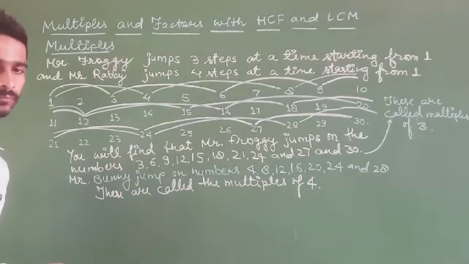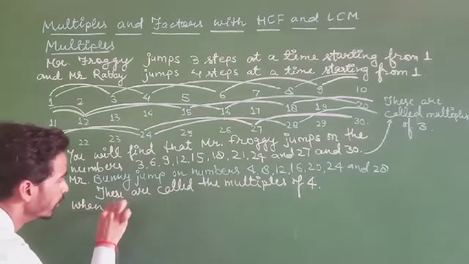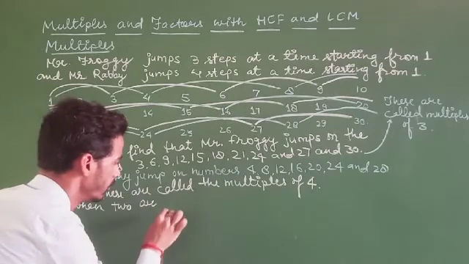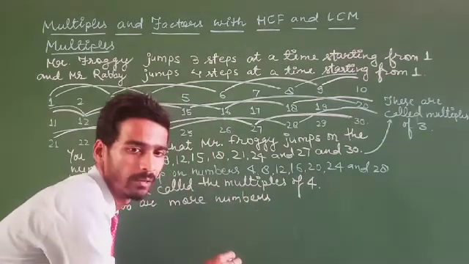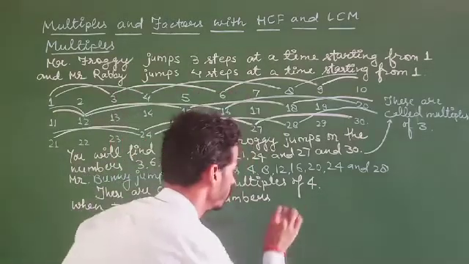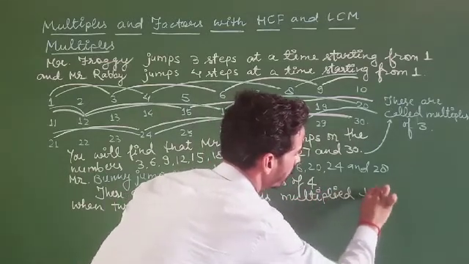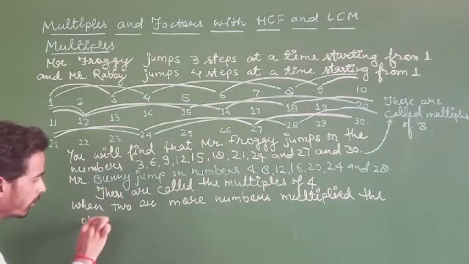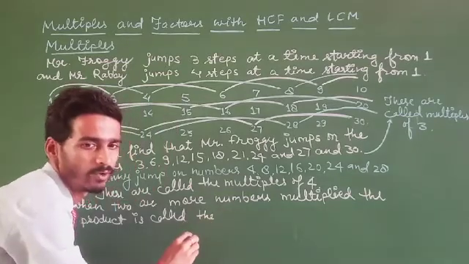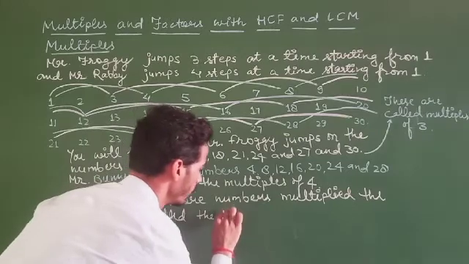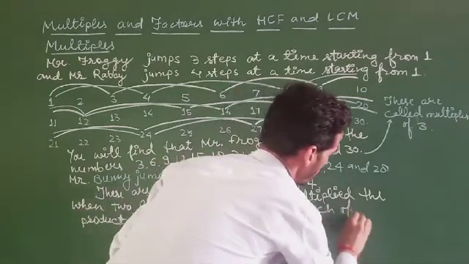Okay, and now when two or more numbers are multiplied, the product is called a multiple of each of those numbers.